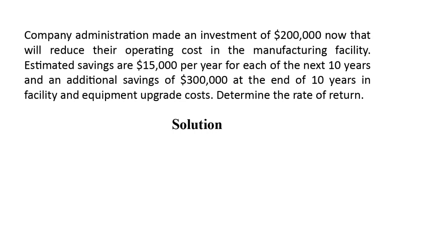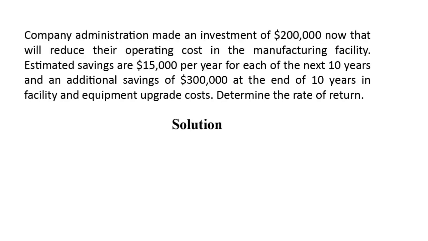Plus the 300,000, which is a future value of savings. So it is again plus, because savings is not a cost. P given F. And that is equal to 0.